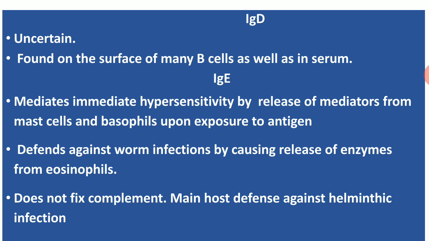Immunoglobulin E mediates immediate hypersensitivity by the release of mediators from the mast cells and the basophil cells upon exposure to antigen. Immunoglobulin E defends against worm infection, does not fix complement, and is the main host defense against helminthic infection.